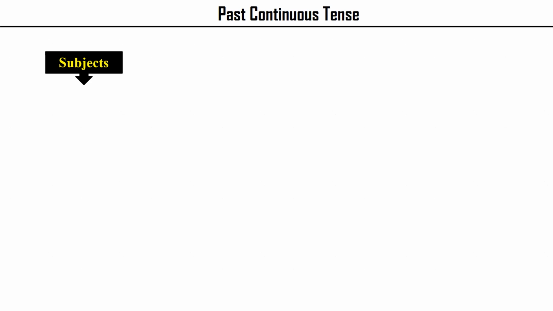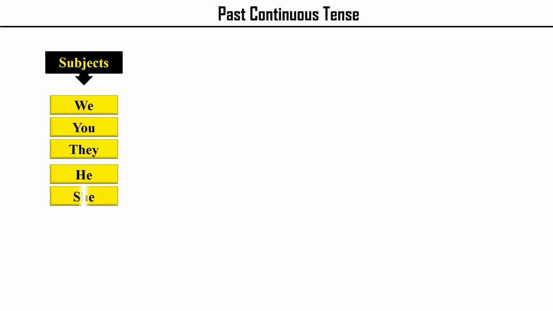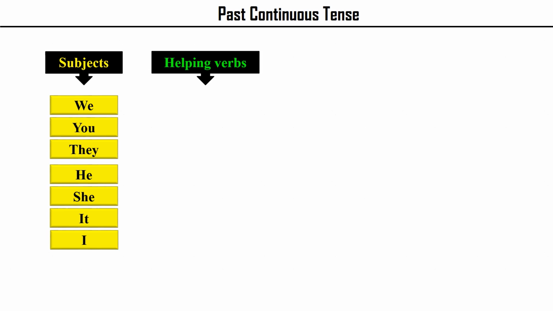Subjects: we, you, they, he, she, it, and I. Helping verbs: we have two helping verbs in the past continuous tense, were and was.